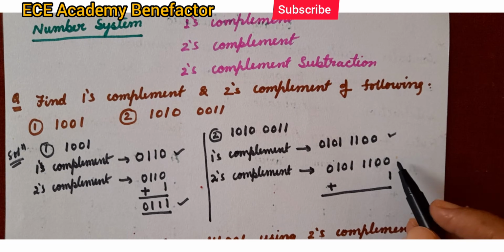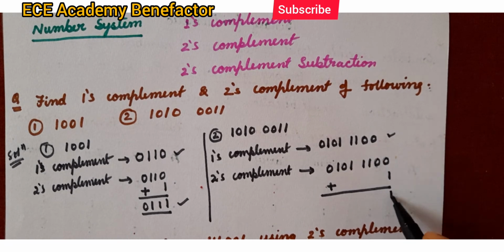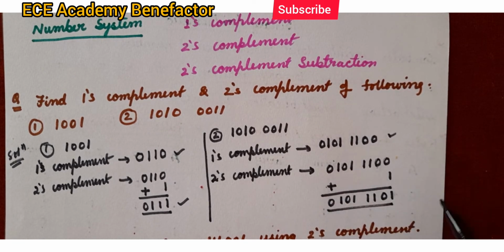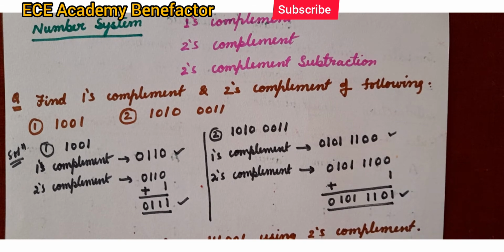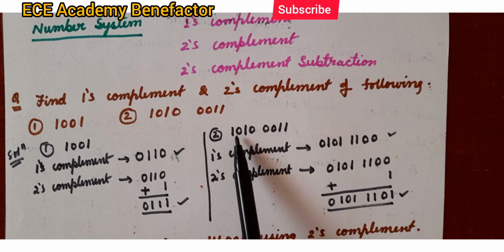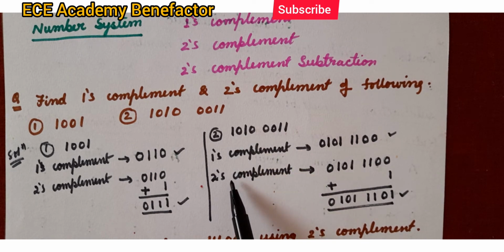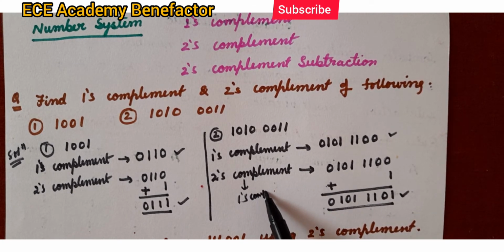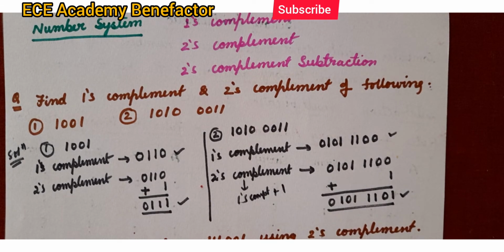Then it becomes twos complement. 0 plus 1 is 1, 0 1 1 1 0 1 and 0. Okay, 0 plus 1 is 1 and the remaining are same. So this is the twos complement. So ones complement is replacing 1 by 0 and 0 by 1, and twos complement is add 1 to the ones complement. First you have to find the ones complement and add 1 to the LSB bit to get the twos complement.